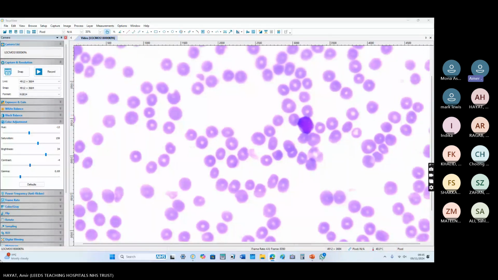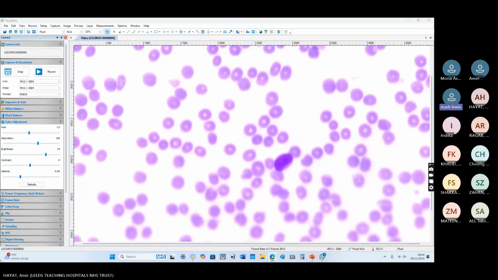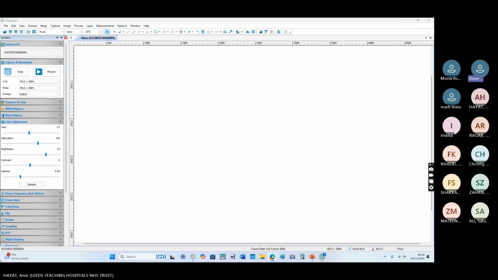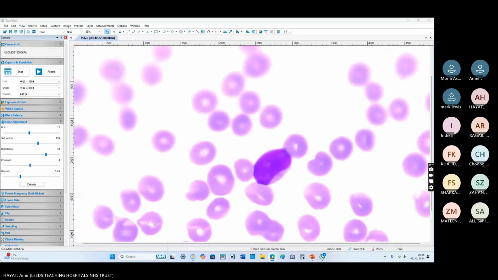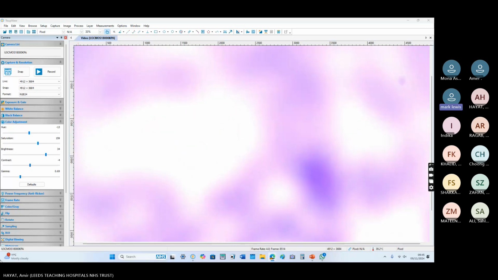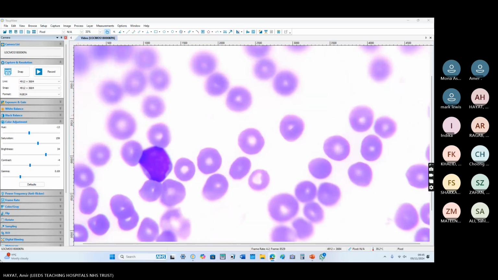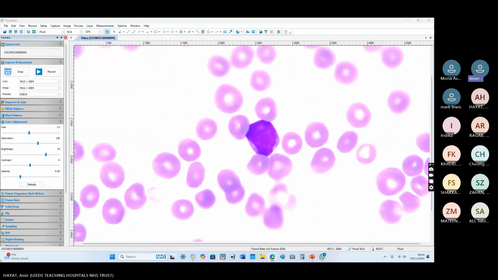So do you think this is a blast? Yeah, that's definitely a blast. Just to see it bigger. Need to see if there's any Auer rod there. There's nucleoli there. Yes, and probably some myeloblast. Could be an M1. This is another.